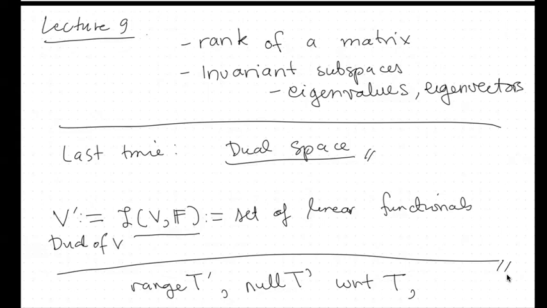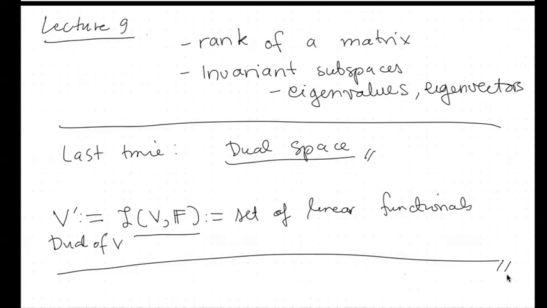Linear functionals are just linear maps from V to the scalar field F. We call this the dual space of our vector space V.